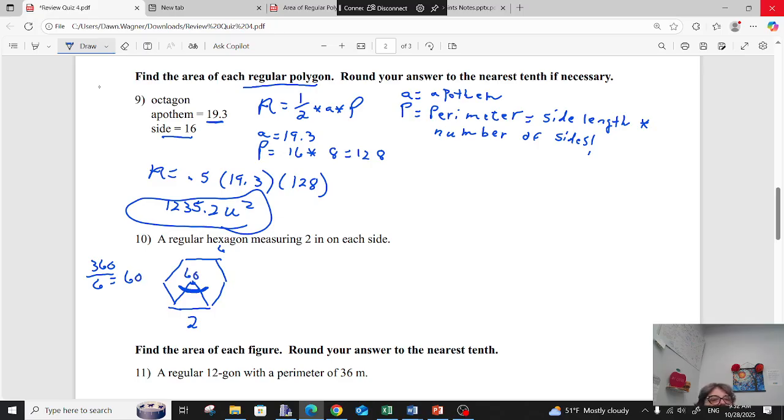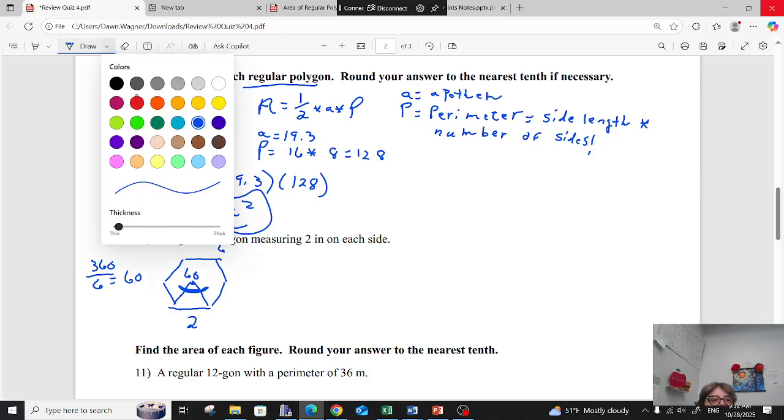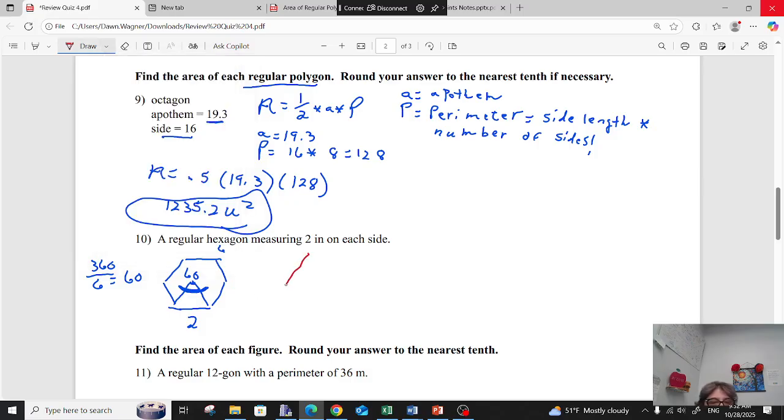The problem is I don't use the whole angle, right? Because this is isosceles, each of these has to be equal. So when I draw the height, I create 2 congruent triangles. So here, this is 90. So what's this angle then if this was 60?